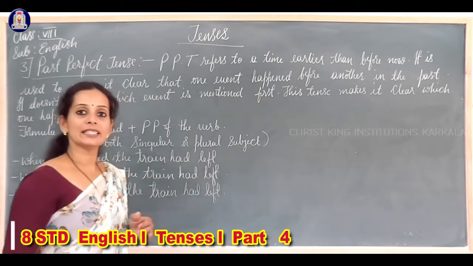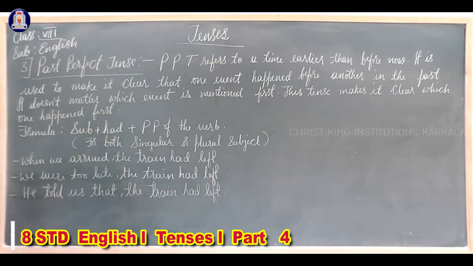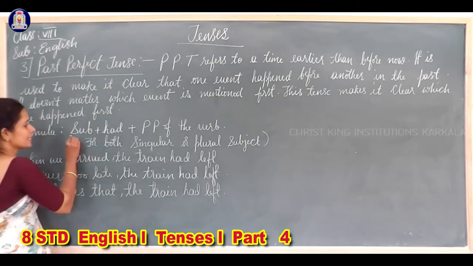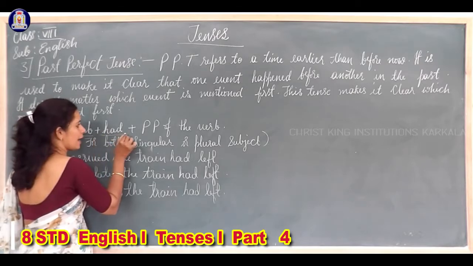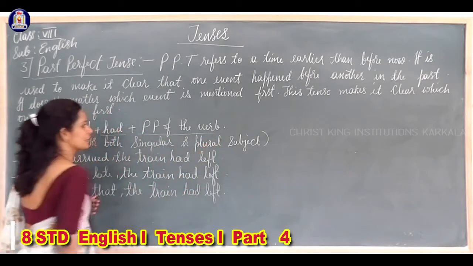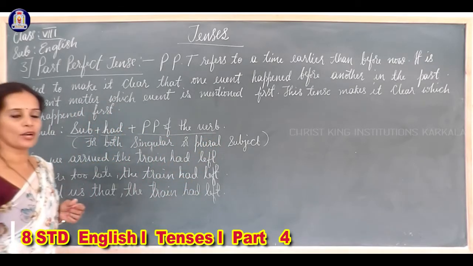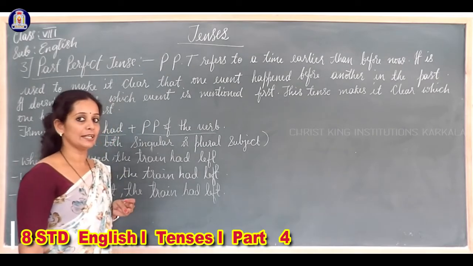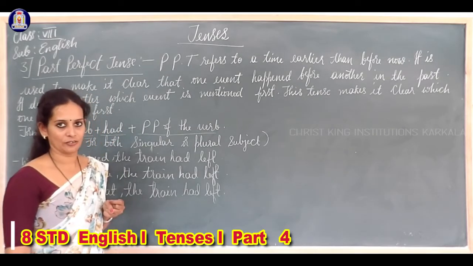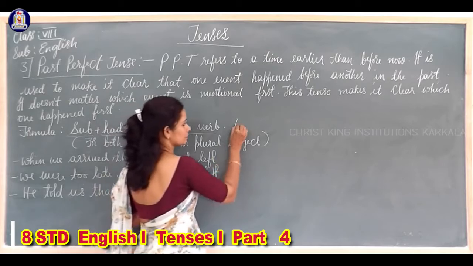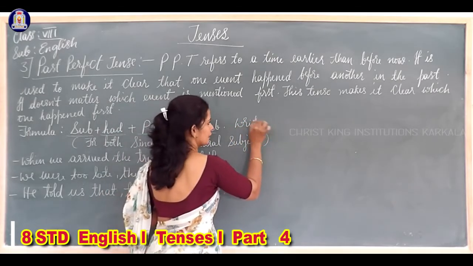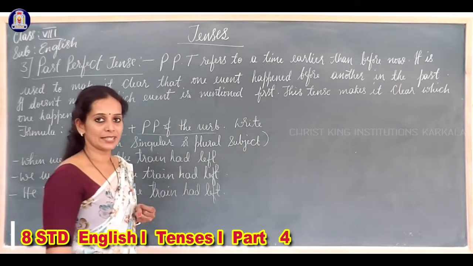Okay, so now what is the formula? The formula for past perfect tense is subject plus had plus past participle of the verb. So what do you mean by past participle? It shows the completed action, right? For example, write is in present tense.